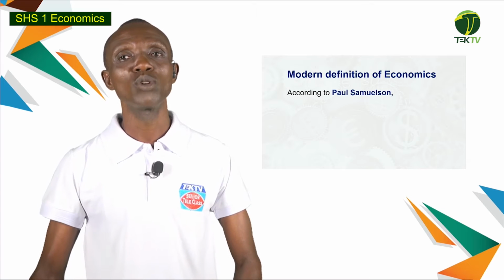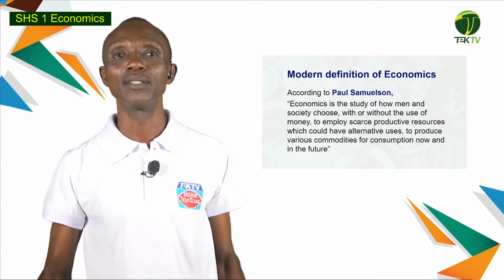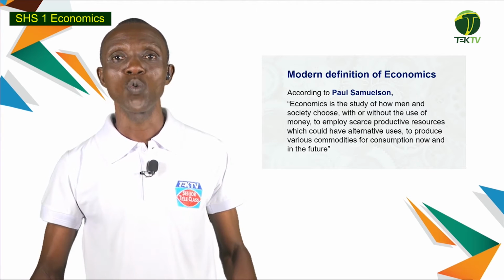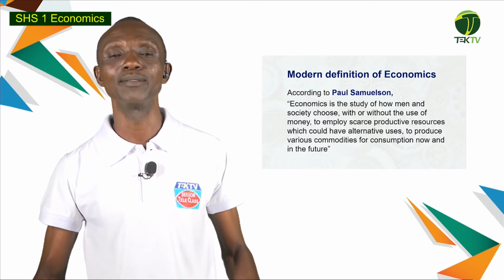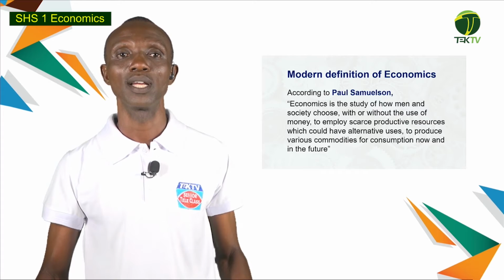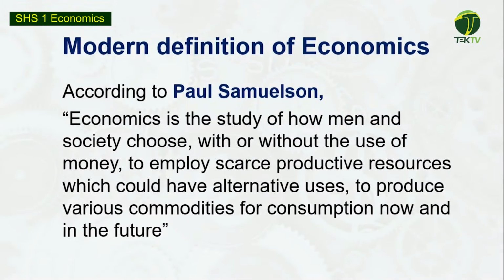And to him, he defines economics as the study of how men and society choose, with or without the use of money, to employ scarce productive resources which could have alternative uses to produce various commodities for consumption now and in the future.